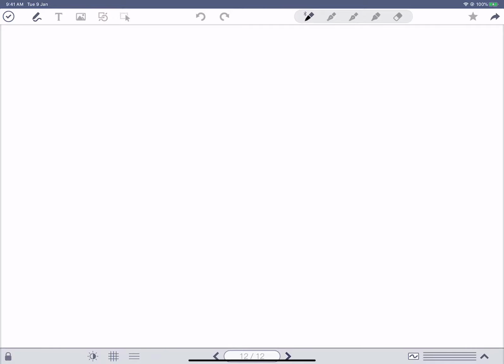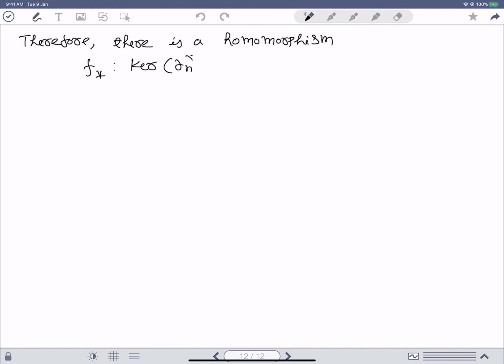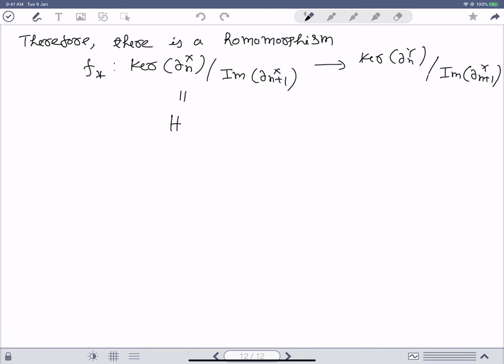So therefore there is a homomorphism f star from kernel of del n x quotient with image of del n plus 1 x to kernel of del n y quotient with image of del n plus 1 y, and this is Hn x and this is Hn y, right? So we are done.